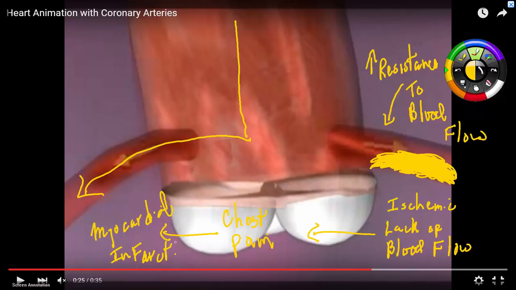So, now watch. When does oxygenated blood flow through the coronary arteries? Well, when the heart muscle is relaxed. So, a lot of times you can't determine if somebody has blockages in their coronary arteries while they're at rest. Why?